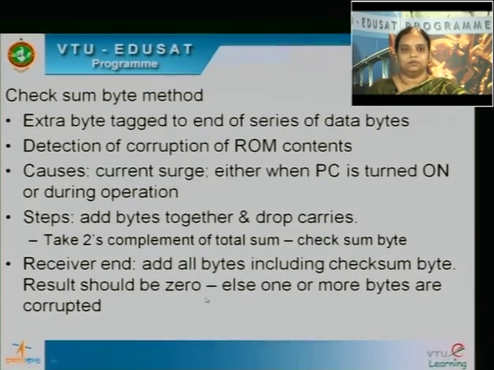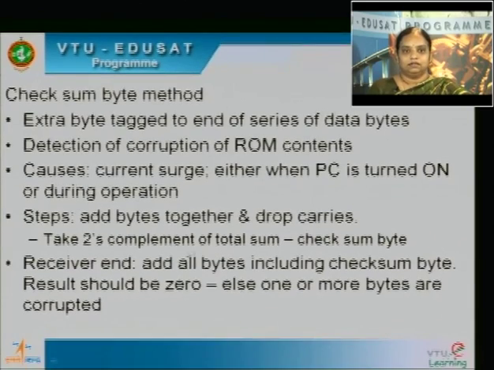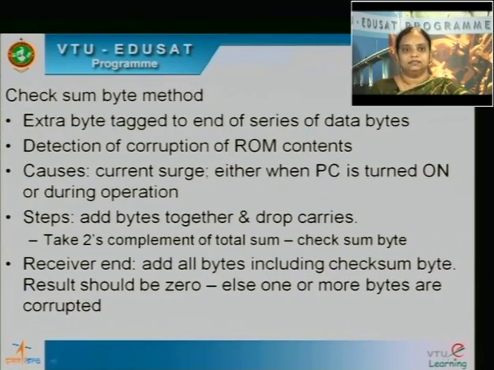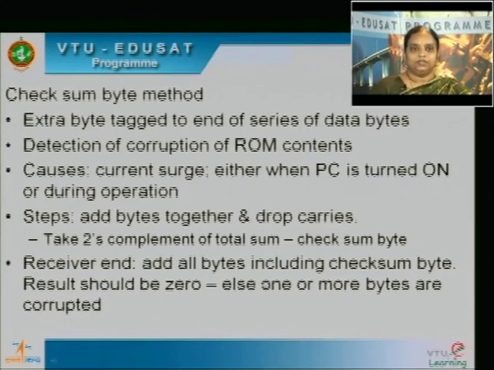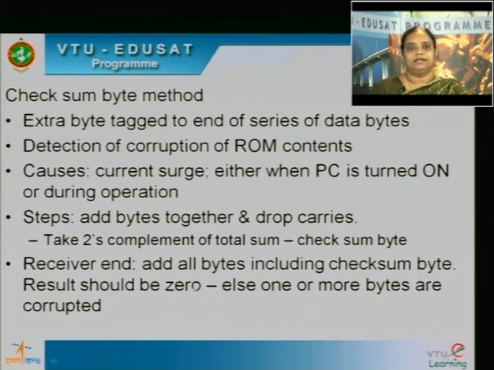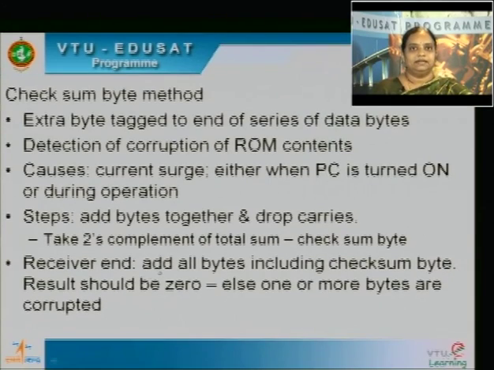If it is 0, then there is no corruption. If one or more bytes have been corrupted, then the result will not be 0. If it is non-zero, it implies one or more bytes are corrupted. This we'll take with an example.